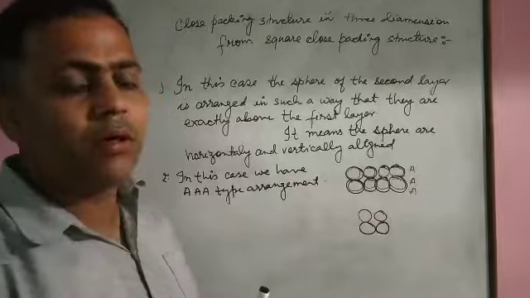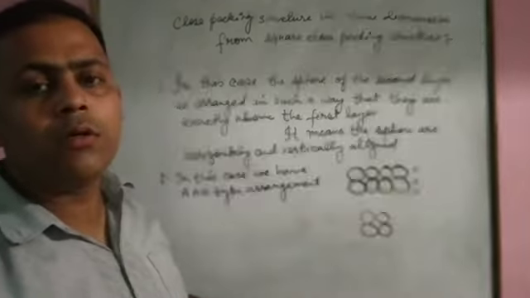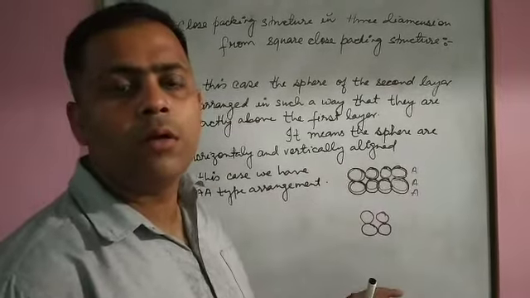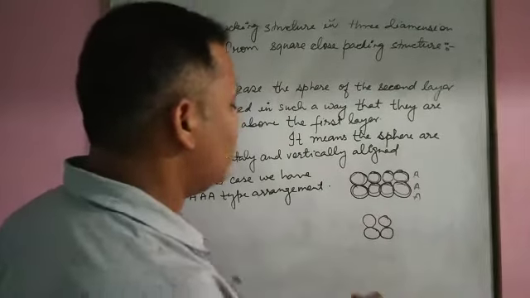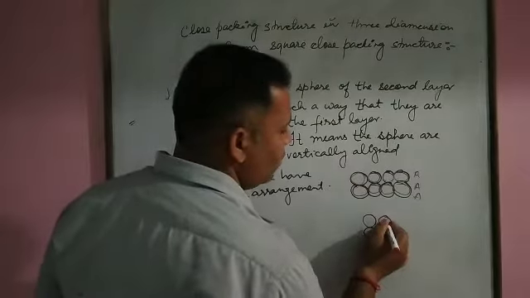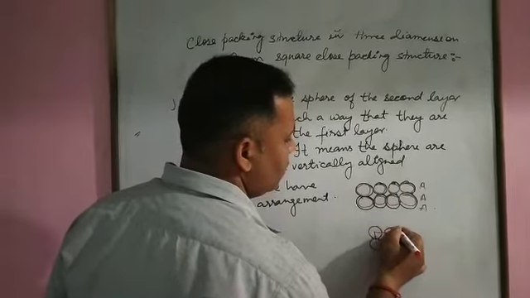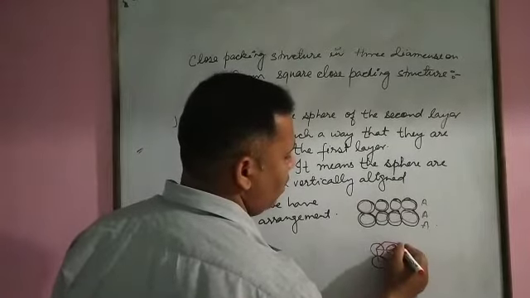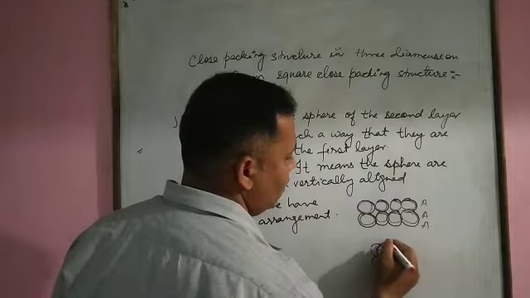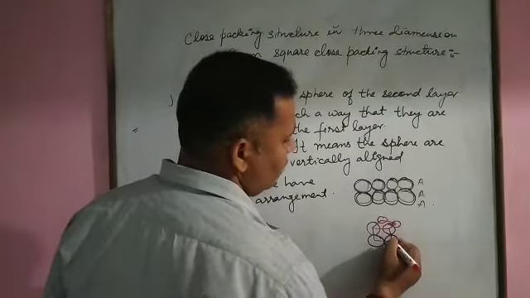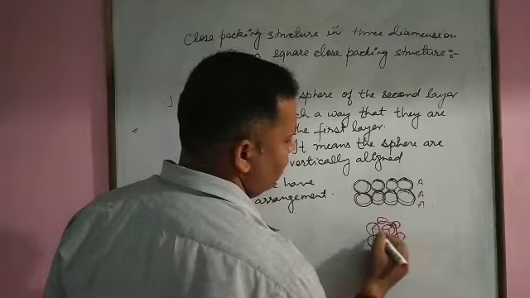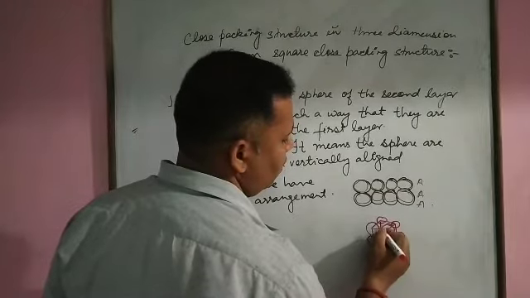Then what did we get? When we join the centers of these spheres, one is behind this, one sphere is here, one is here, and to the next, one is here, and the other is behind this.